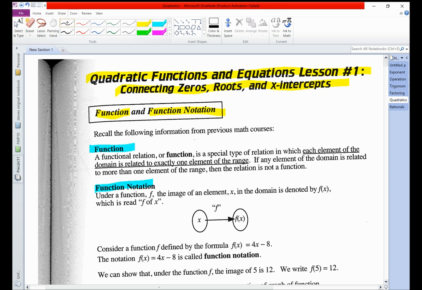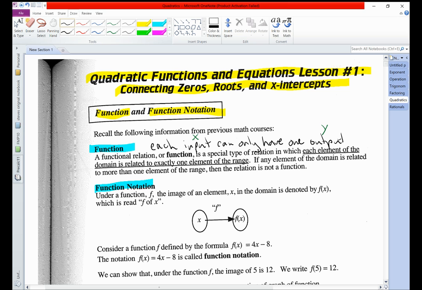So basically what they're saying is every input can only have one output, or each x value can only have one y value. And you learned a bit of this in grade 10.